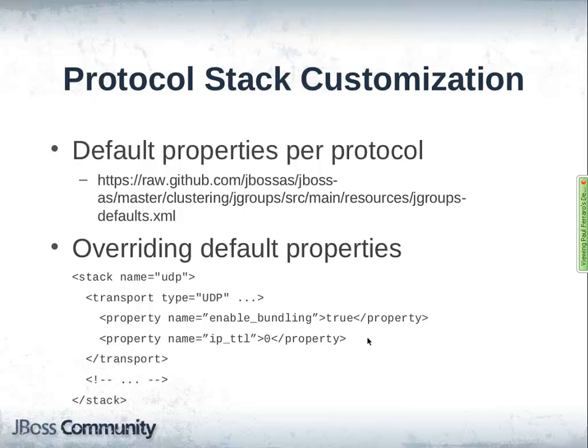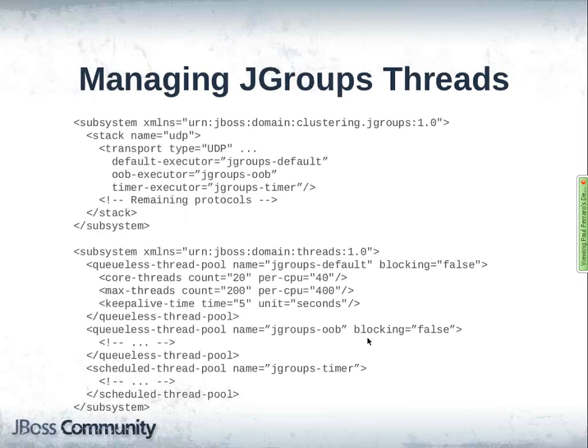So moving on, managing JGroups threads. By default, JGroups manages its own threads. If you wanted stricter control over that, you can externalize all of JGroups' thread pools and utilize the thread service.